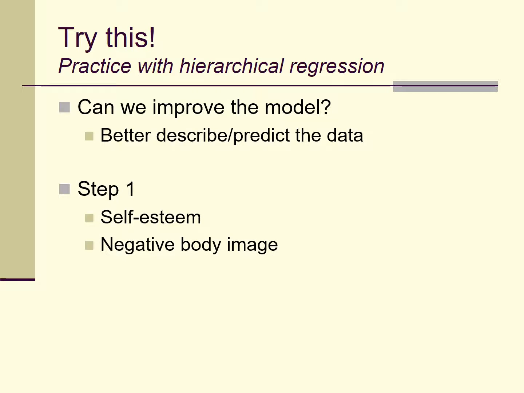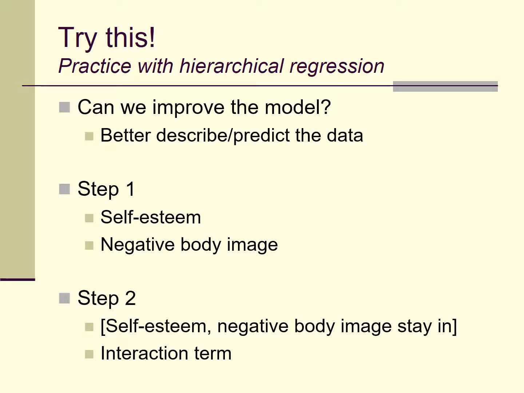Sure we could. We could do a hierarchical multiple regression in which our first step includes our predictor variables that we're principally interested in, self-esteem and negative body image. And then in step 2, we include the interaction of those two terms. And again, to be clear, hopefully we have some good reason for including this interaction term.